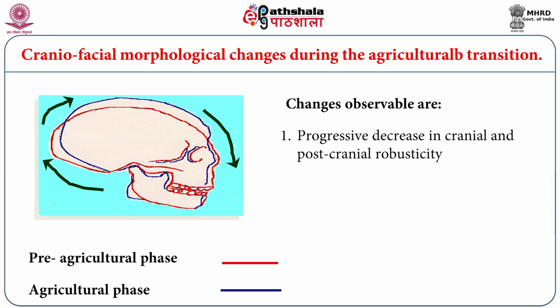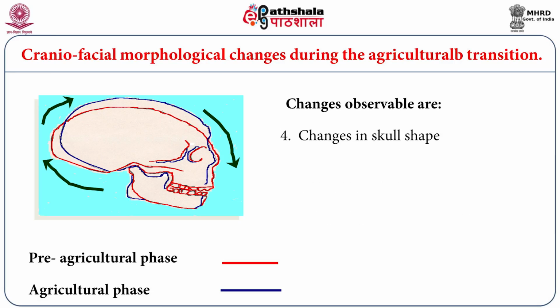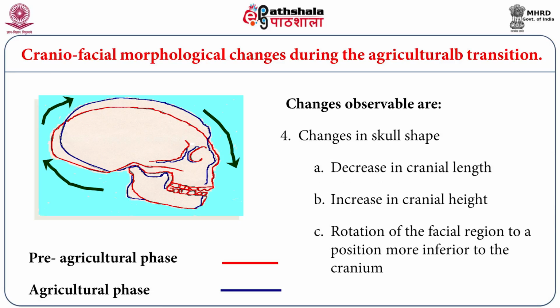And when agriculture sets in, generally there is a decrease in stature, and we have reduced sexual dimorphism, and changes also happen in the skull shape: decrease in cranial length, increase in cranial height, and rotation of the facial region to a position more inferior to the cranium. These features you can see in this image.